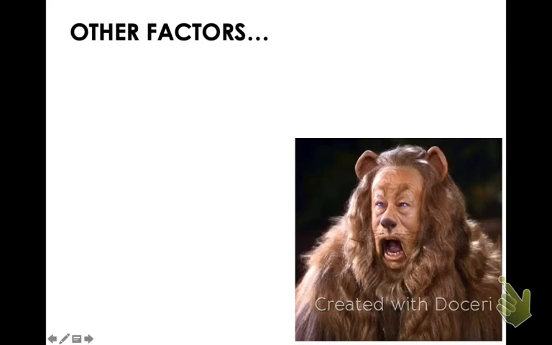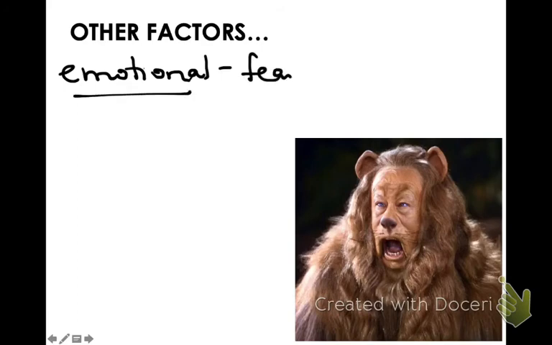All right, I was just talking a little bit about nervousness and things like that. So emotional factors can also play a role in your breathing rate. One of the things could be fear, if you're scared, if you're nervous, if you're in pain. Those can all change the rate of your breathing.